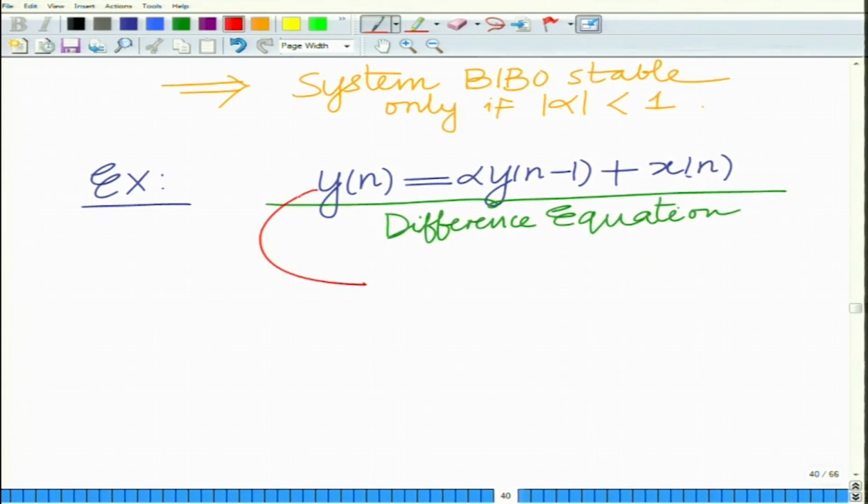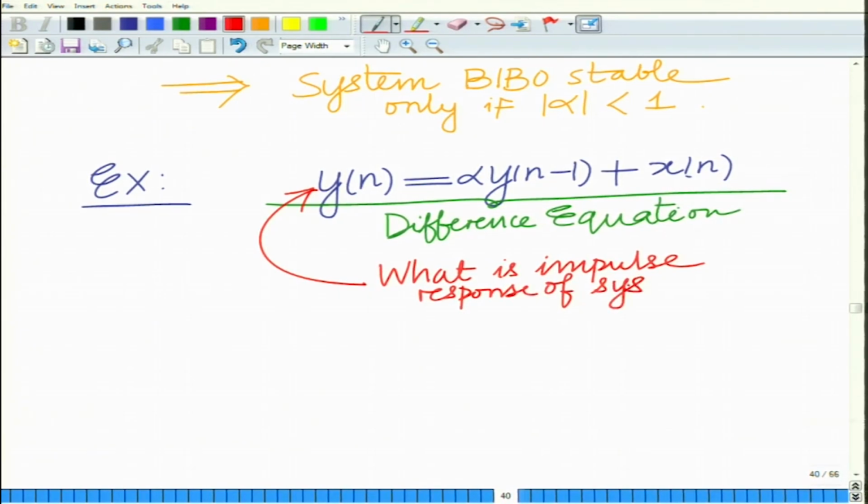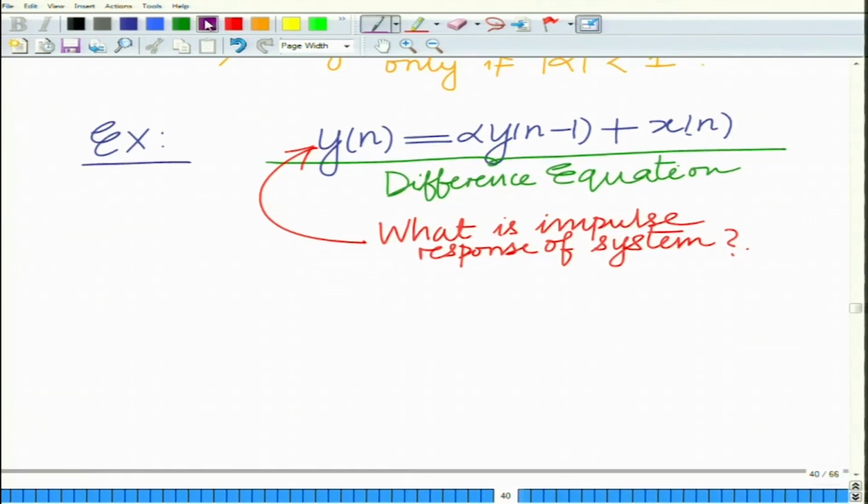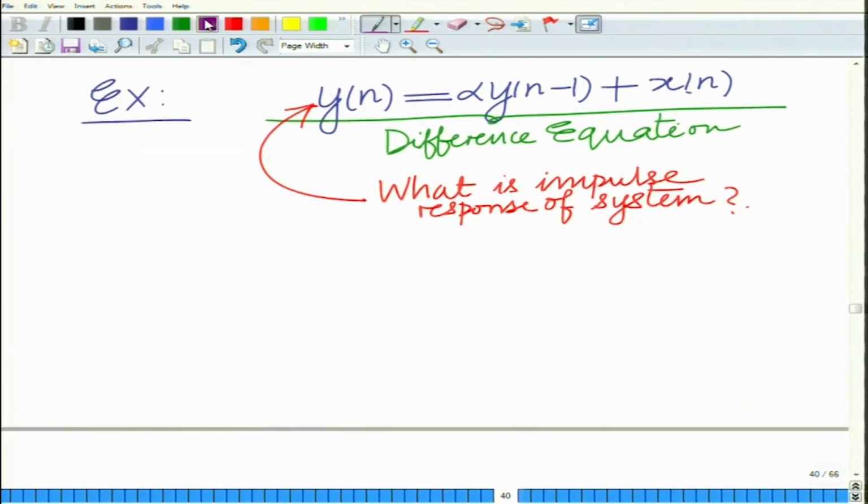We want to find the impulse response of the system, and the solution can be approached as follows: assume initial rest.